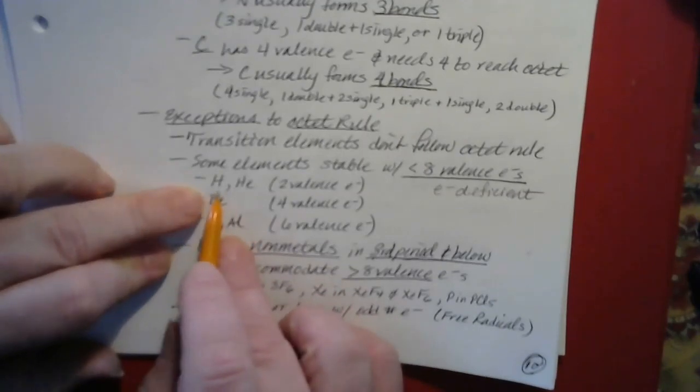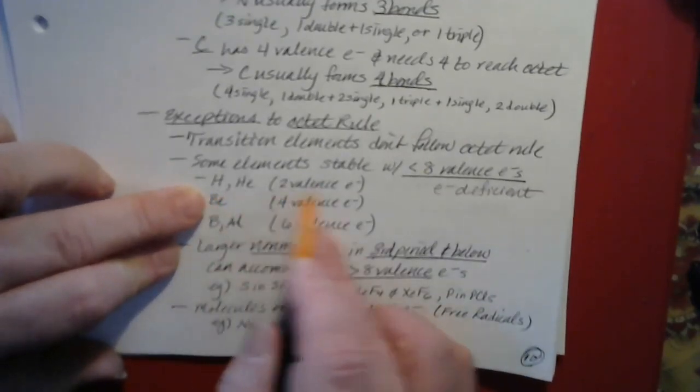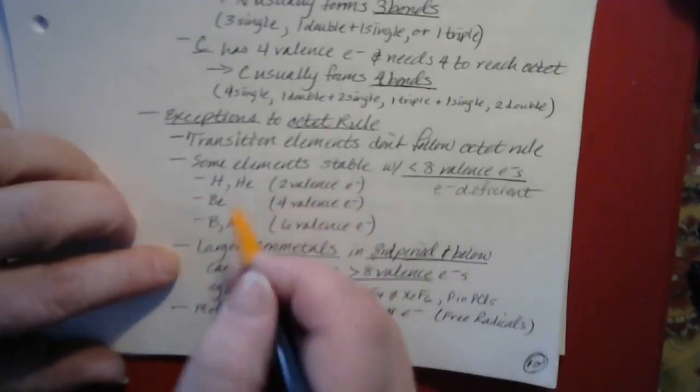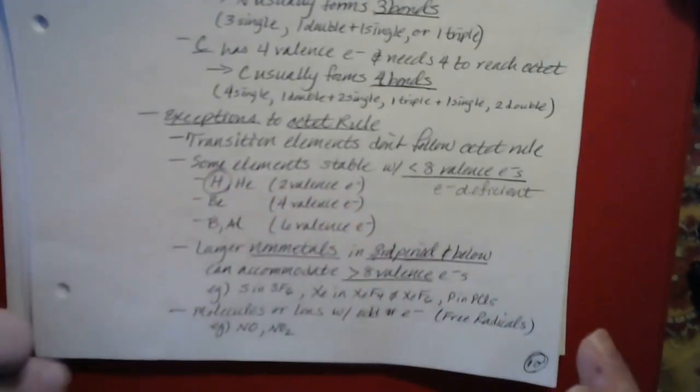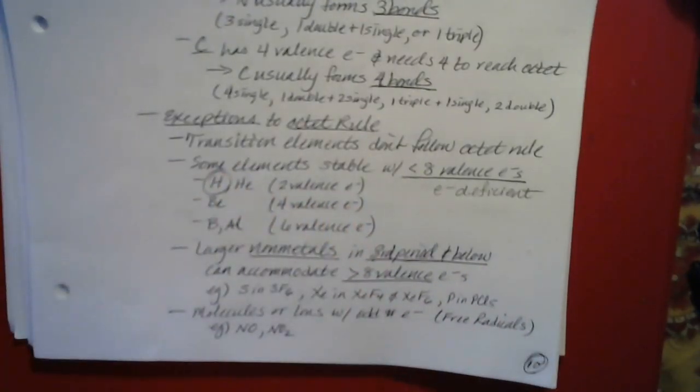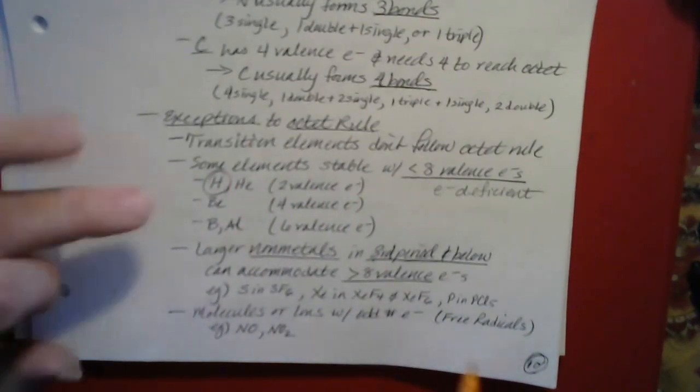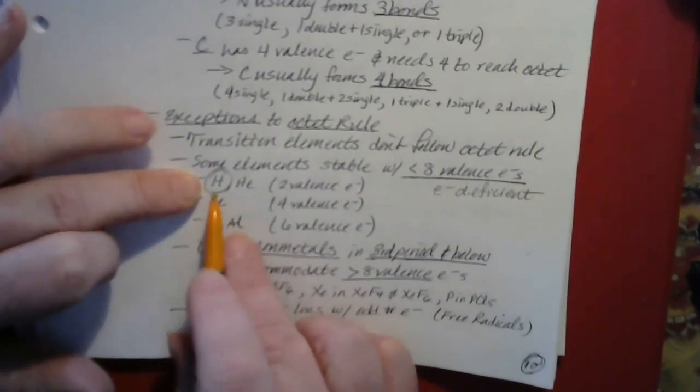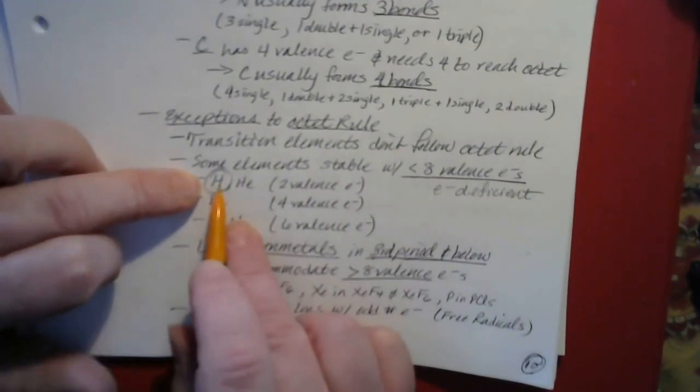And so some examples would be hydrogen and helium, which are satisfied with 2 valence electrons around them. Hydrogen is especially important because you encounter that a lot in Lewis structures. And so, it's good to keep in mind that you do not want an octet of electrons around hydrogen.